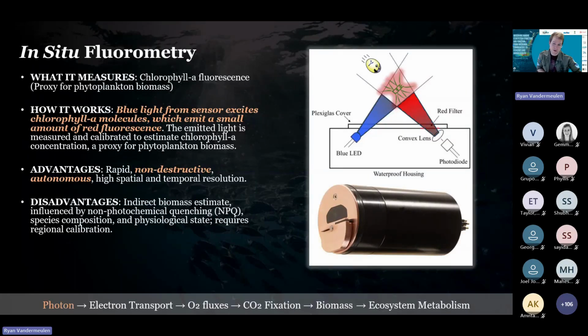The limitation is that fluorescence is an indirect proxy measurement. The signal not only depends on how much phytoplankton are present, but also their physiological state and their recent light history. For example, under high light conditions, phytoplankton can activate a protective mechanism called non-photochemical quenching, or NPQ, where excess absorbed energy is safely dissipated as heat rather than being passed through the photosynthetic pathway.